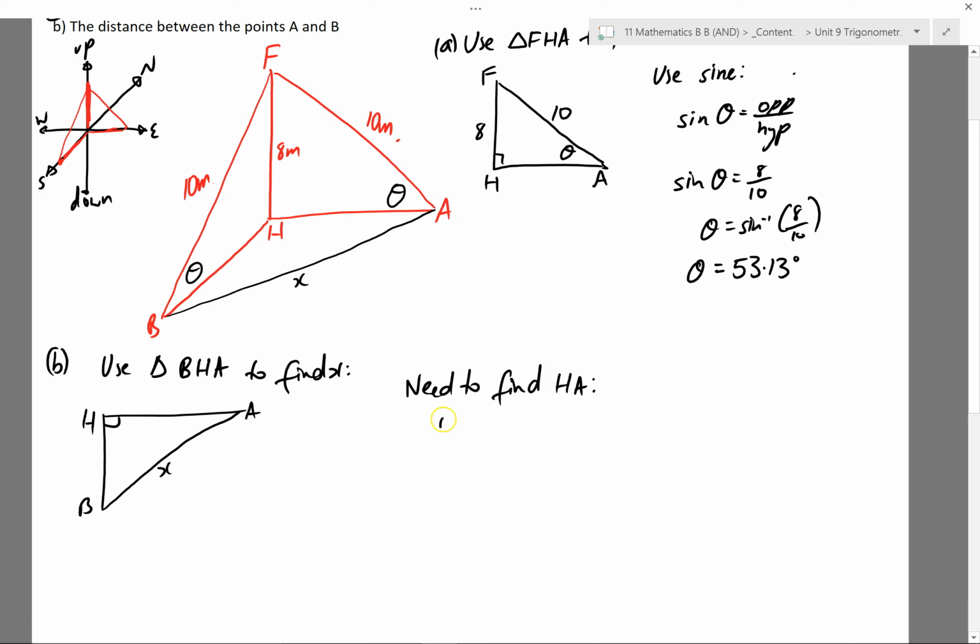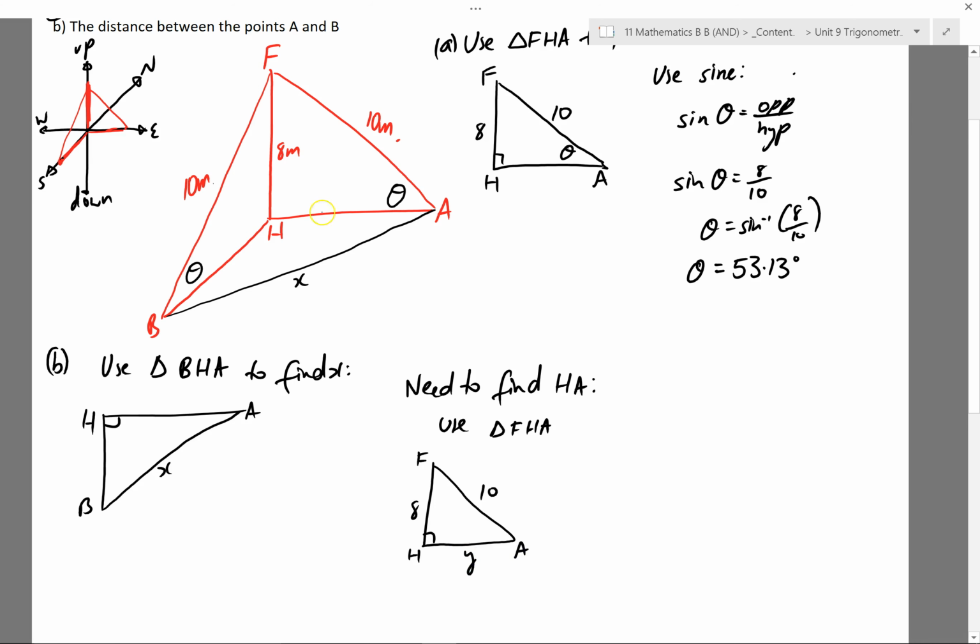So I'm going to use triangle FHA again to find HA. In this triangle that we used earlier, I want to find this distance.